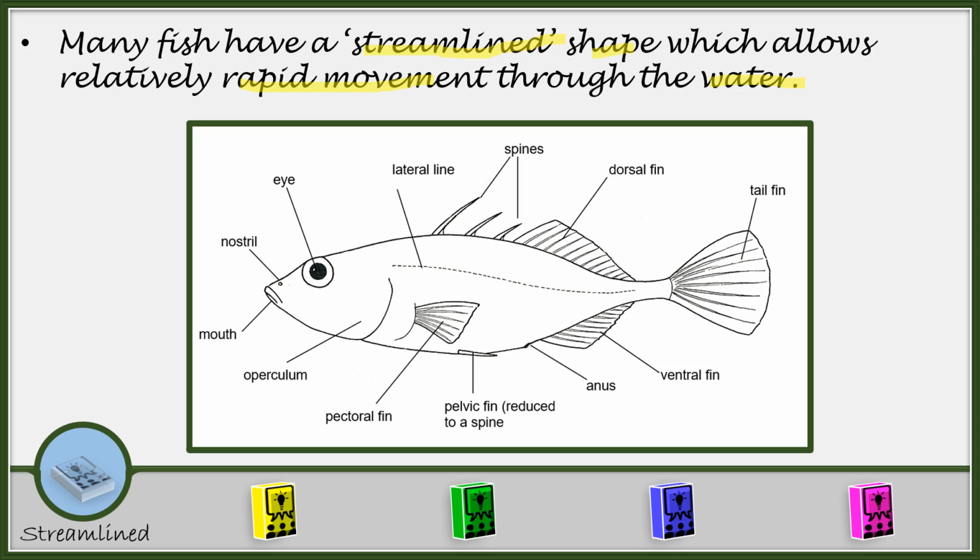So when we say streamlined, it is this curve here that we are seeing, such that when water is coming from this side, some water can pass up and other water can pass lower. Because of that curve, there is a reduction in the force or resistance applied to the body. So the fish can easily penetrate through the water because of its streamlined body.